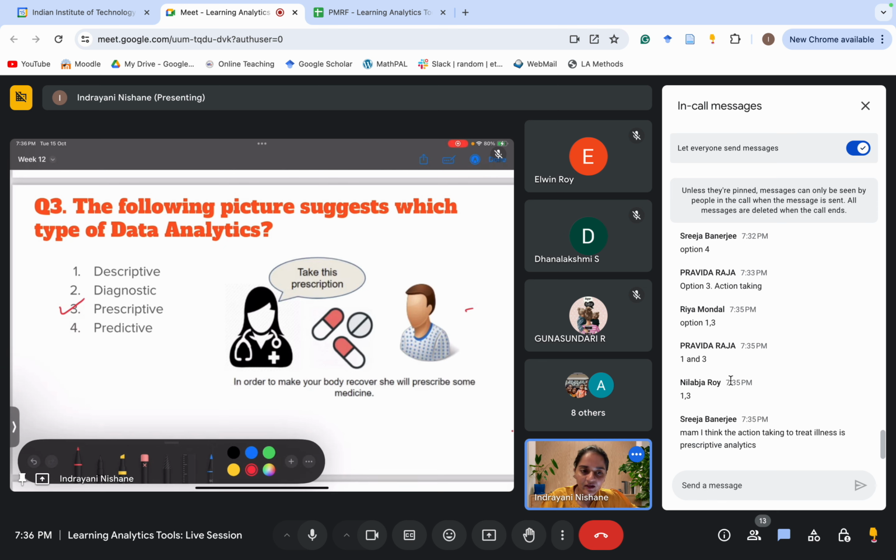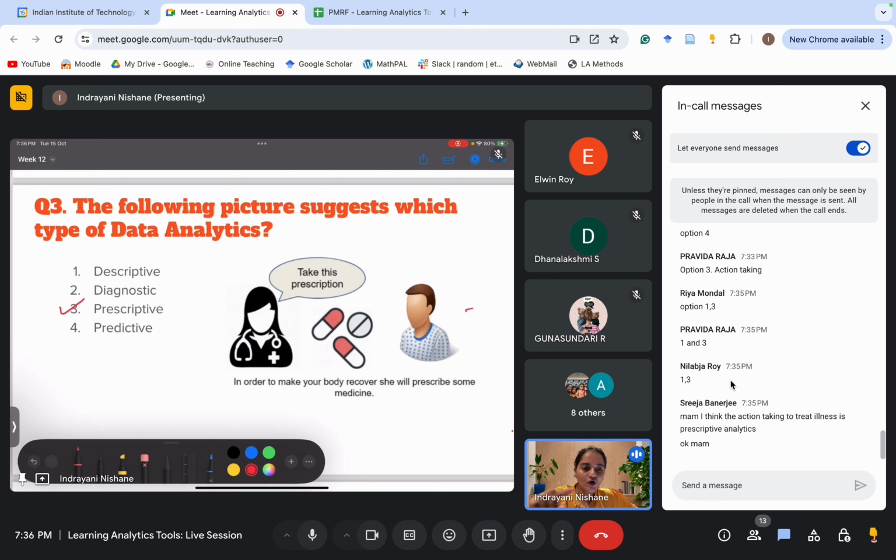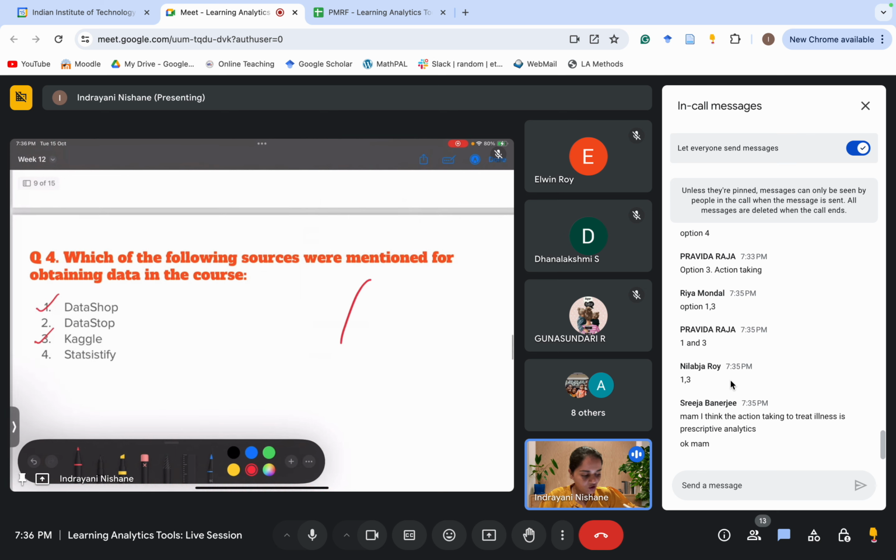So it is not predictive, but prescriptive analytics. The doctor is prescribing something to treat illness. So you're right, but the option number you said in the chat box was wrong. You said option 4, which was predictive. Your thought process is correct, but the answer which you marked was wrong.